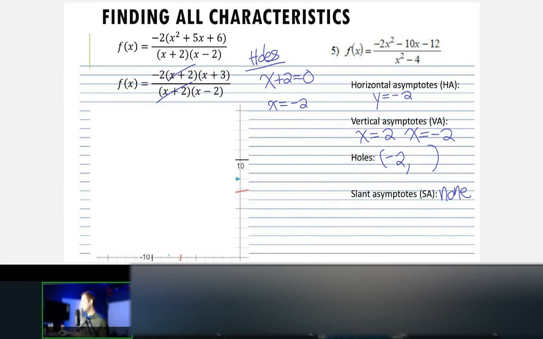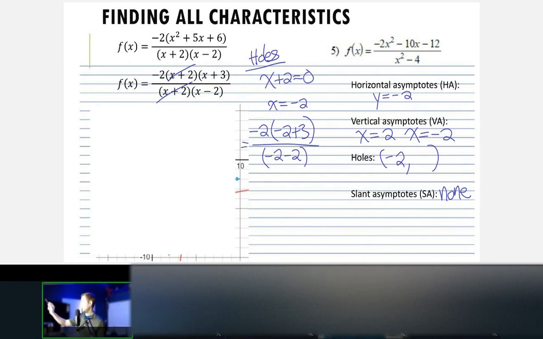So we're going to plug negative 2 into what's left over to find the y value. So we're going to have on top negative 2 times, remember the x value is negative 2, plus 3, over negative 2 minus 2.